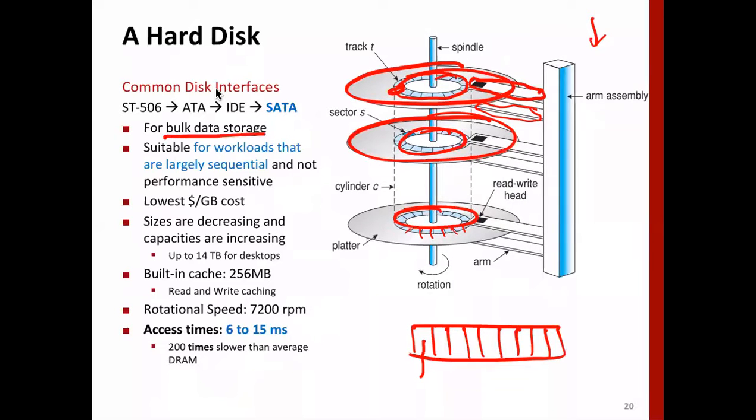It is used for bulk data storage, and it is the lowest cost per GB, the cheapest memory available today, because we are not using magnetic tape anymore. The disk is still being used, but it's very cheap. If you look at per byte or per bit cost, it is the lowest. And it is suitable, but note that it is non-volatile. It means that whatever you write to the hard disk remains there.